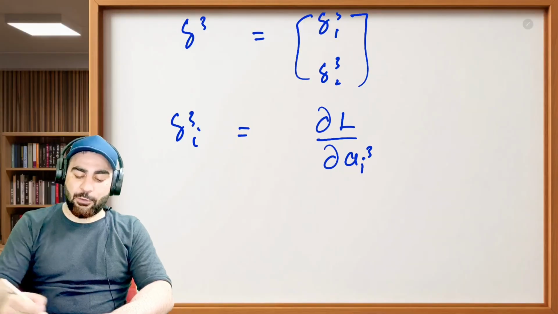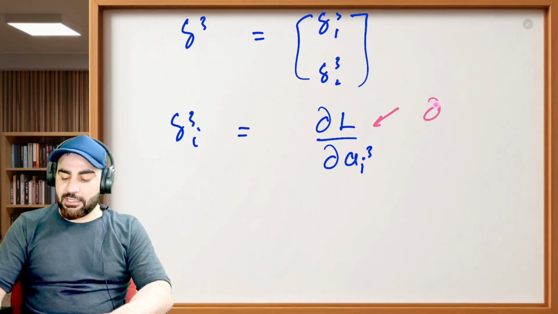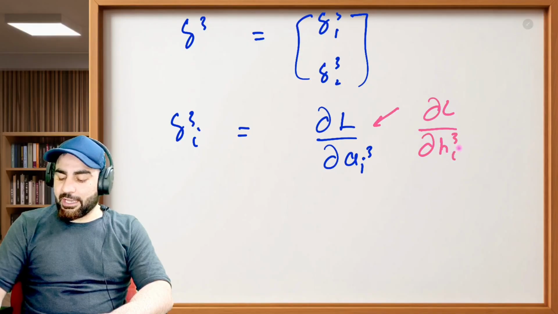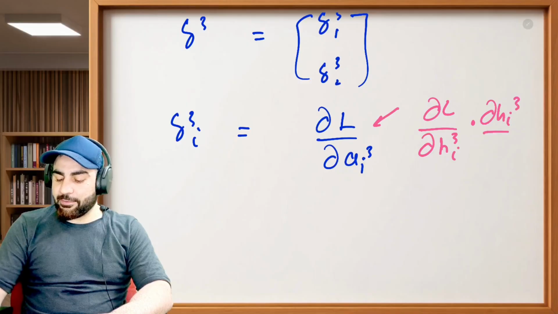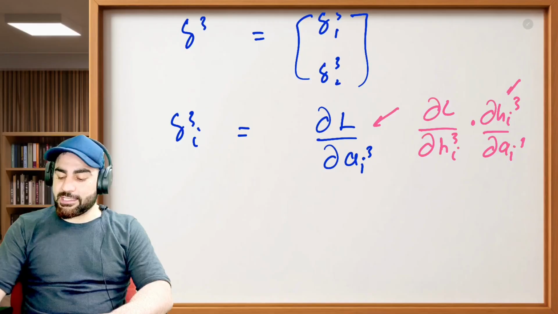But you know, I have to expand this. So how can I expand this? This is dou L by dou H_i3, and you have to apply dou H_i3 divided by dou A_i3, something of this sort. But this thing we got because of the activation, so we applied activation on this.